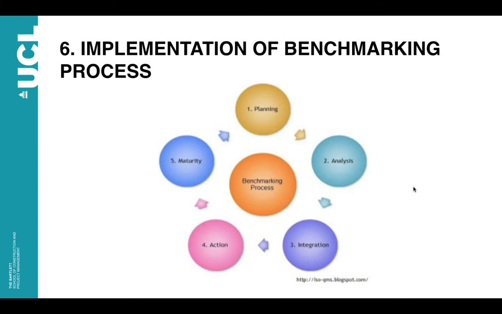Here you can observe the process of implementation of benchmarking. First, we will plan what type of benchmarking we are going to implement and how we are going to carry out this benchmarking. Second part is analysis. This is about measuring our own performance, processes, etc., and comparing and analyzing the differences with the units that we are using to benchmark.